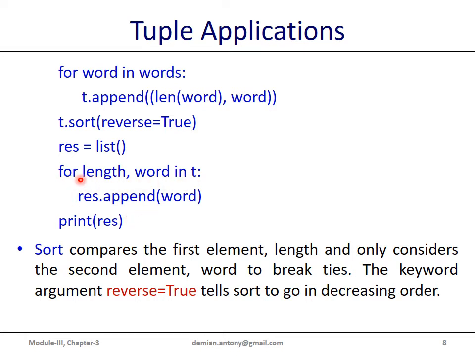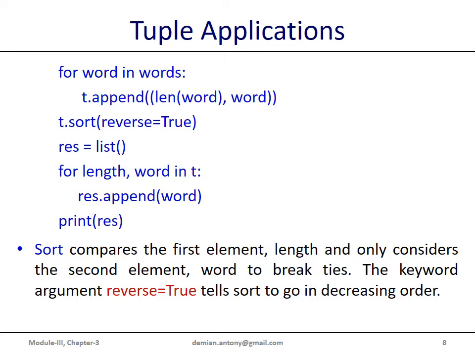So for each word in the list of tuples, that is, for length comma word, which represents the entire tuple, the first element and the second element. For each tuple in the list of tuples called T, you create another list called result and you put only the words. I am not interested in length, just the words. Now I have a list res having words which are sorted according to their lengths.